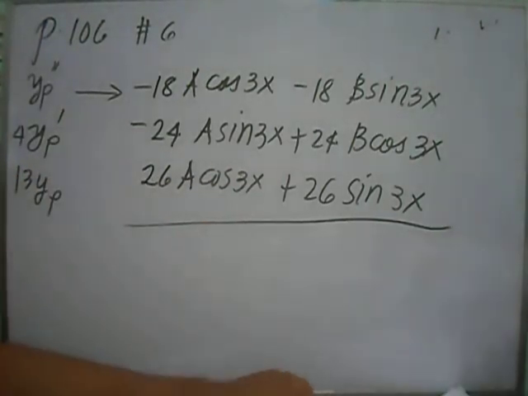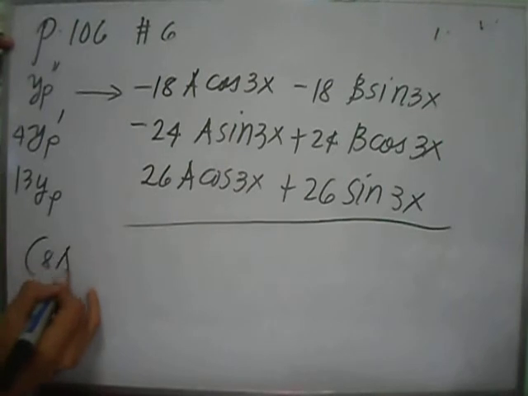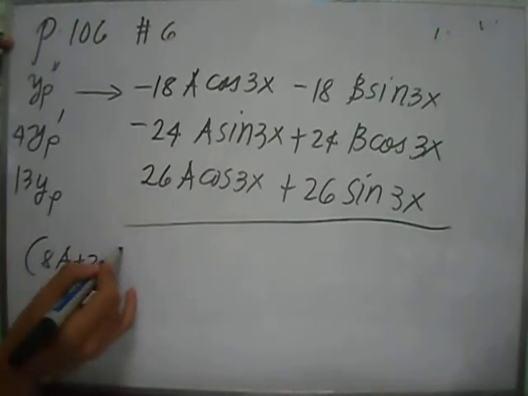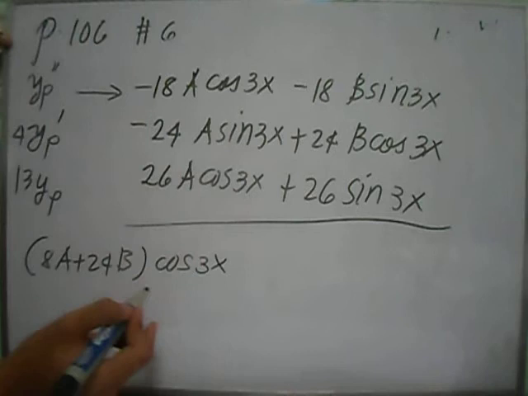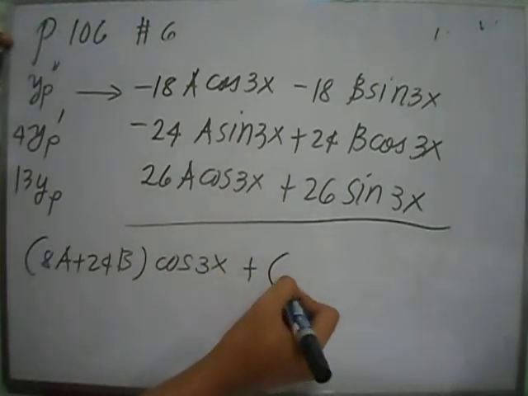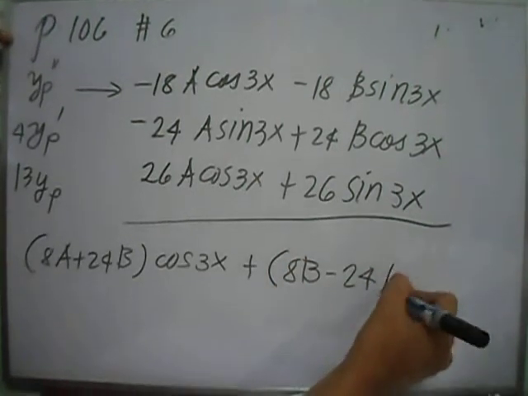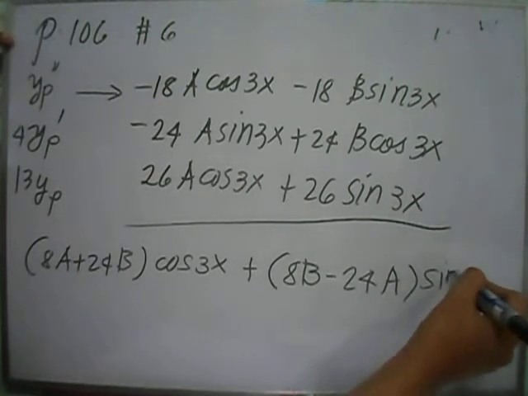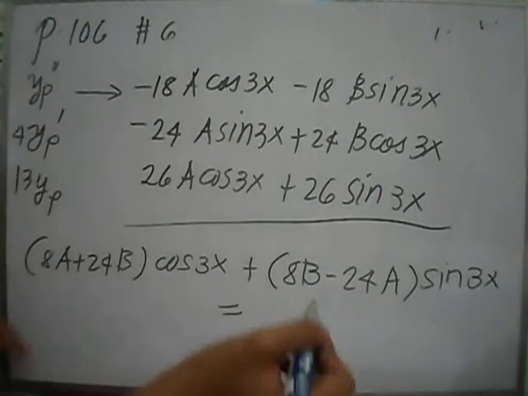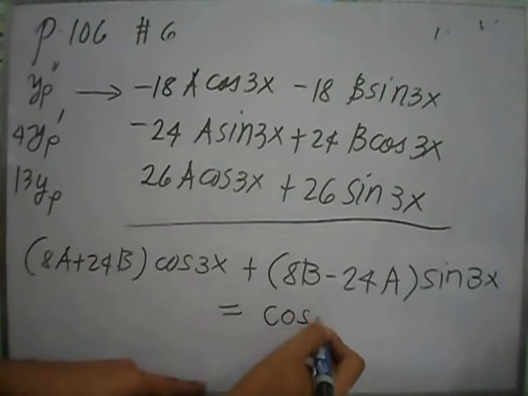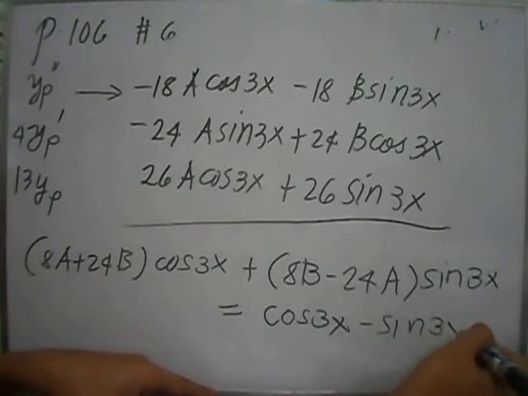Then after adding and sorting the expressions, we get 8a plus 24b times cosine 3x, plus 8b minus 24a times sine 3x, and equate that to our f of x, which was previously written as cos 3x minus sine 3x.